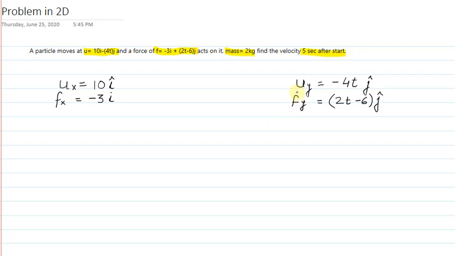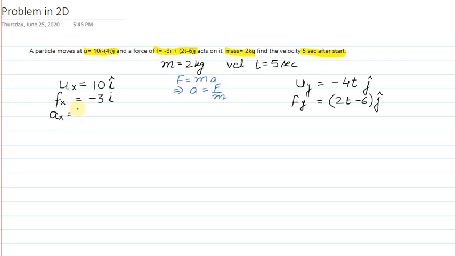Fine. It's given that the mass is 2 kg and we have to find the velocity after 5 seconds, that is, at t = 5 seconds. We also know that F = ma, so from here we get a = F/m. We are going to find the acceleration along the x-axis and y-axis respectively.